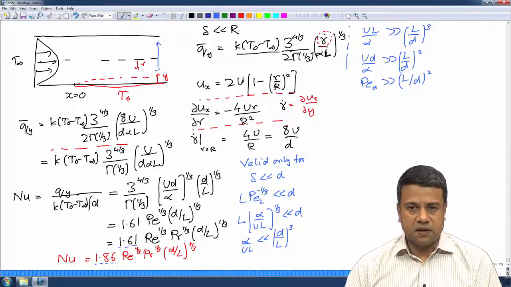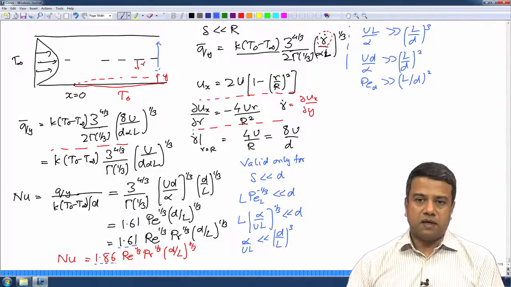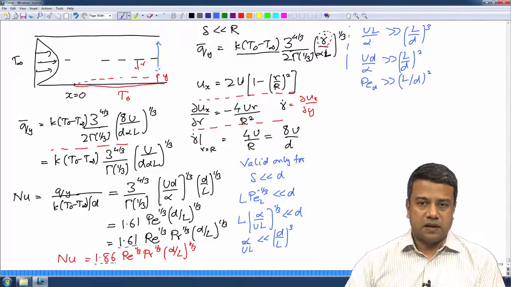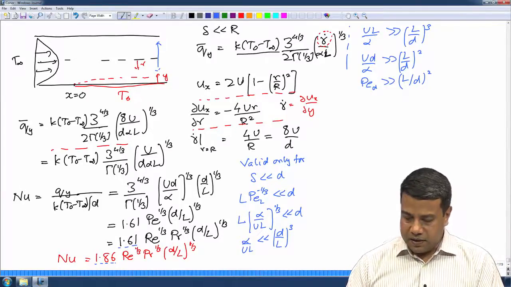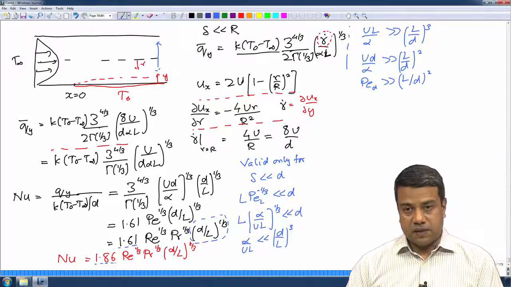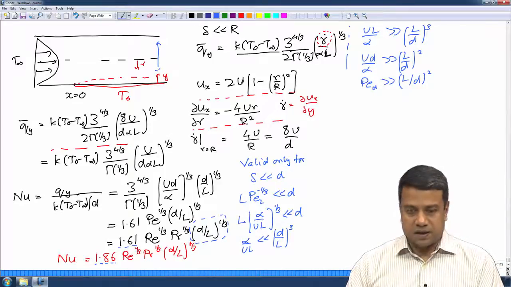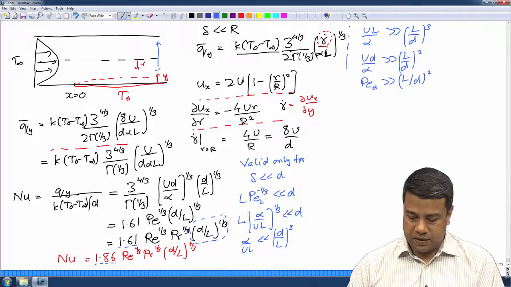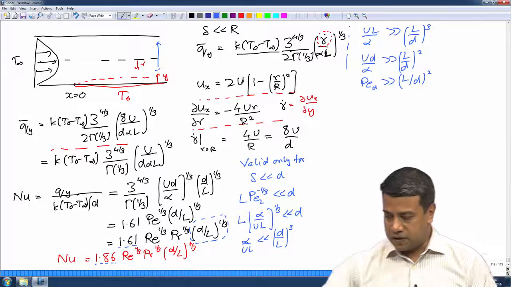And that is the reason once the boundary layer goes in to occupy the entire tube, you do not gain much more by having additional length of the pipe. And that is the reason for this factor here, d by L to the 1/3, because as L becomes larger and larger, this factor becomes smaller and smaller. Nusselt number no longer increases if you go to very long pipes. So, this is for a flow in a pipe where we managed to get the correlation.